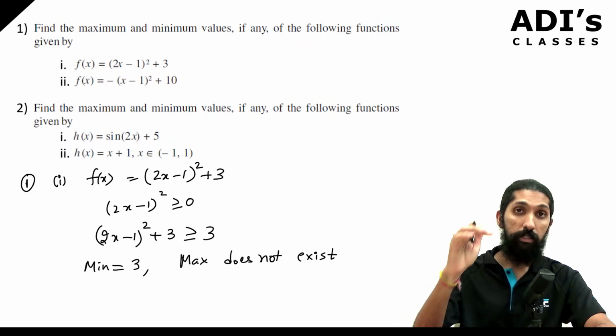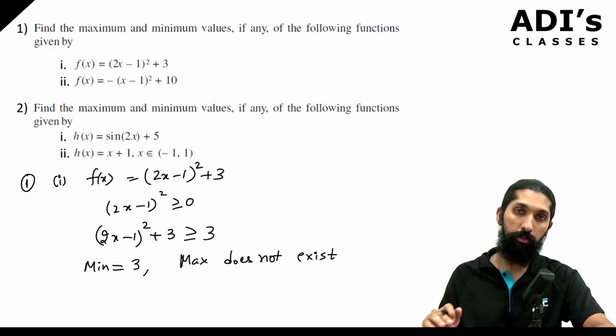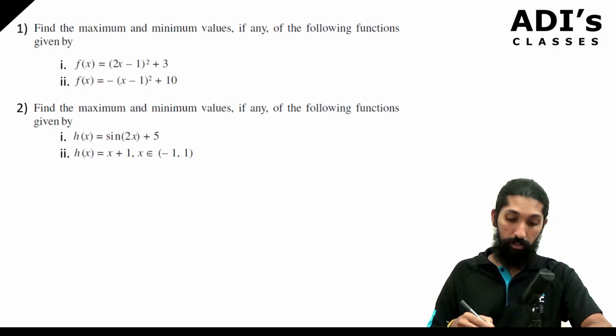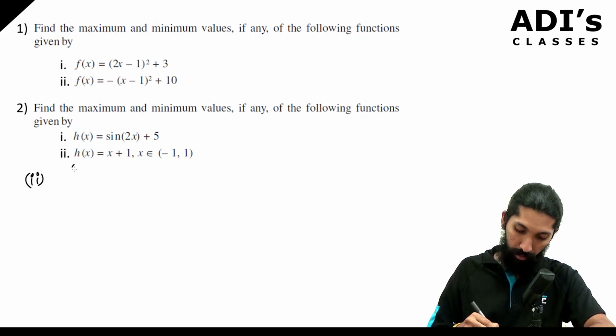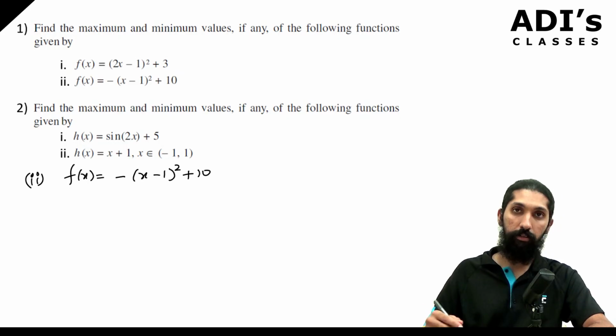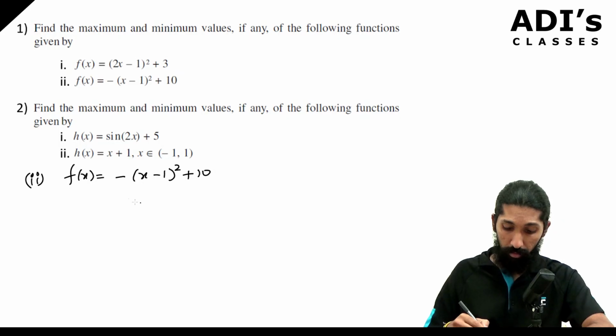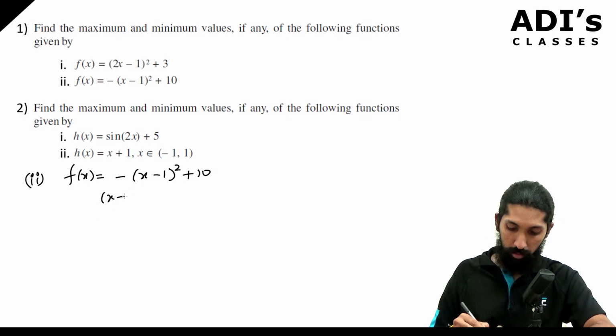Let's do the second one, which is very similar to this one. See the second one. You have f(x) = -(x - 1)^2 + 10, right? Now, (x - 1)^2 is always greater than or equal to 0.